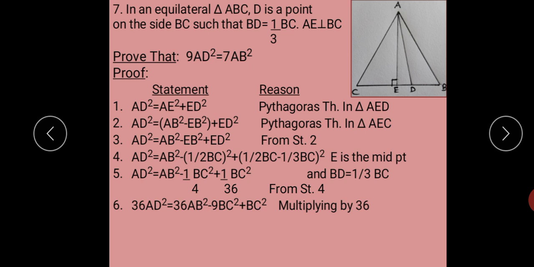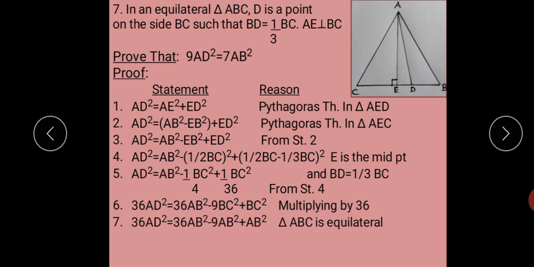And we will get 36 AD square is equal to 36 AB square minus, that is, 4 9s are 36, so 9 BC square, and 36 gets cancelled and you get BC square. Now in the next step, the BC can be replaced by AB because they're equal.